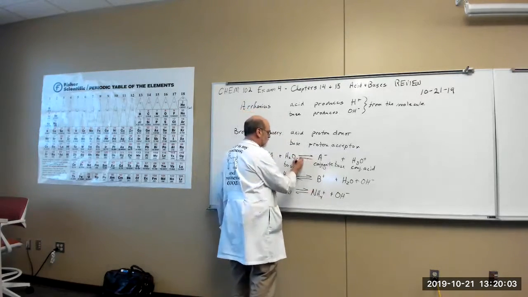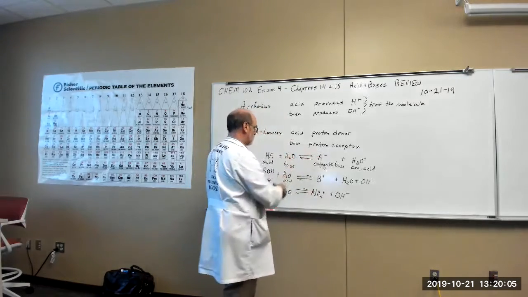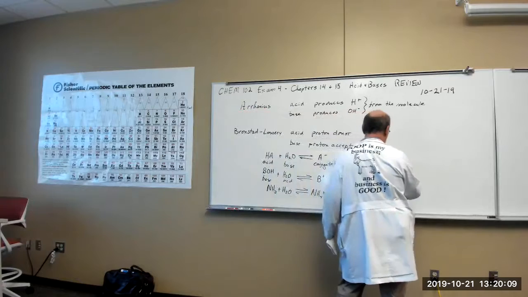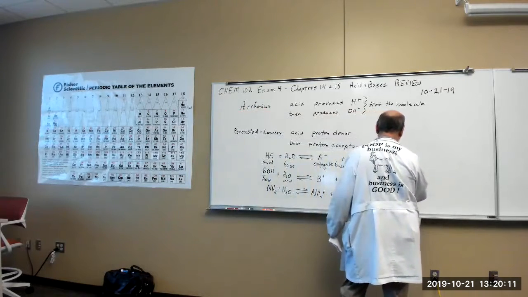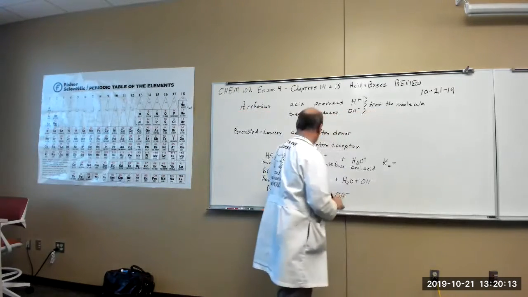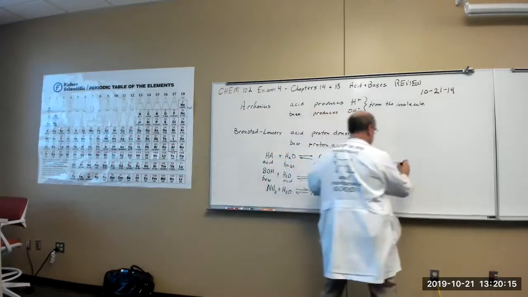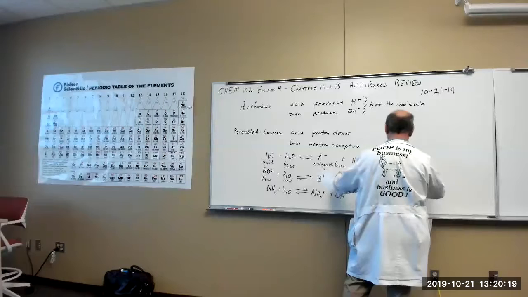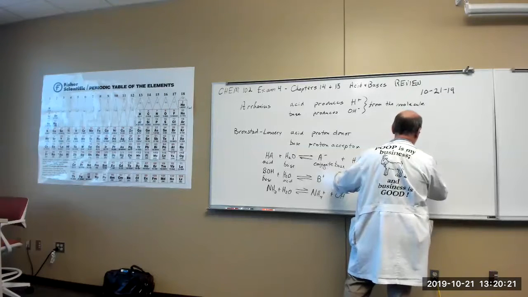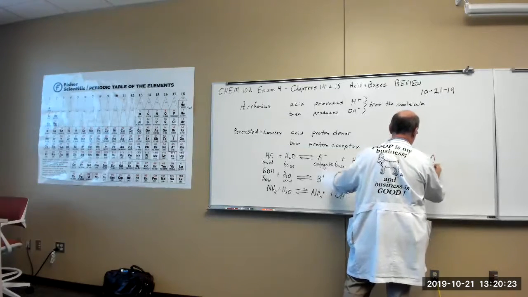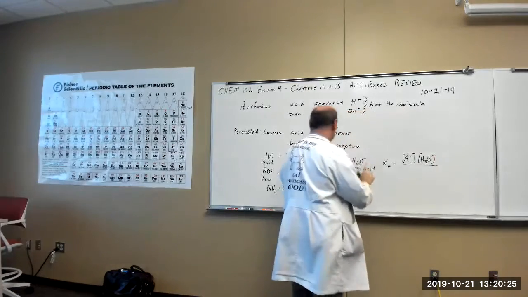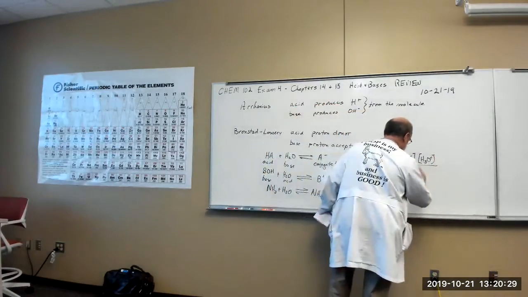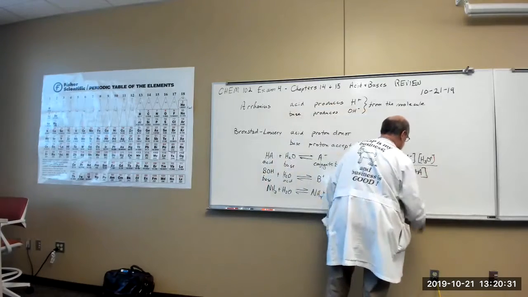But for a weak acid, you have an equilibrium established, and the K for that equilibrium, Ka actually, is the conjugate base concentration there, A, and then in the denominator, you have the undissociated acid.